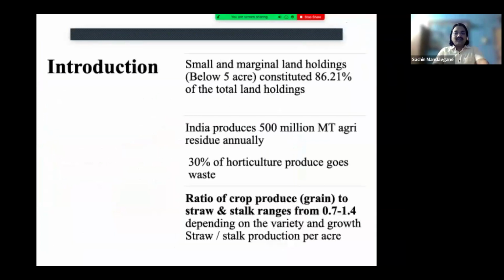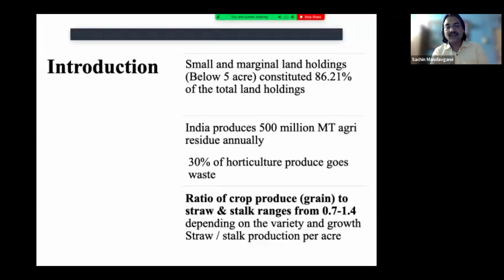These are some very interesting numbers about the agricultural waste which is produced. We divide the agricultural waste into two parts. One is brown waste, which is straw and stalk. For any grain that we consume, maybe rice or dal or chapati, for 1 kg of grain almost the same amount of agricultural waste is produced.